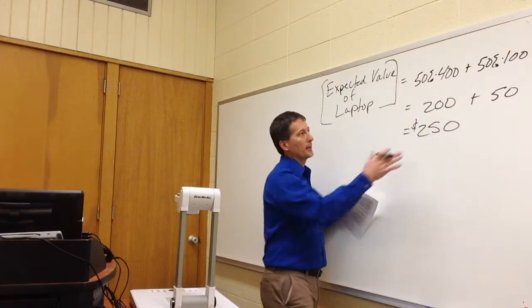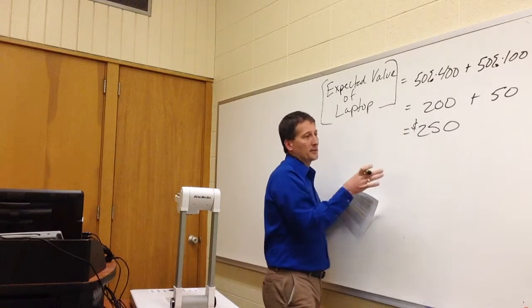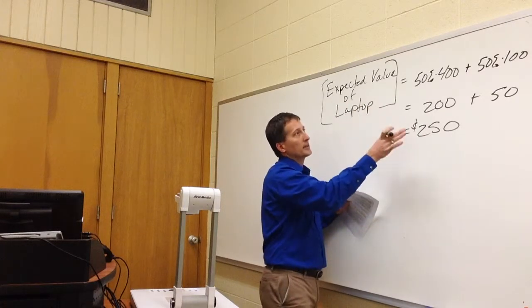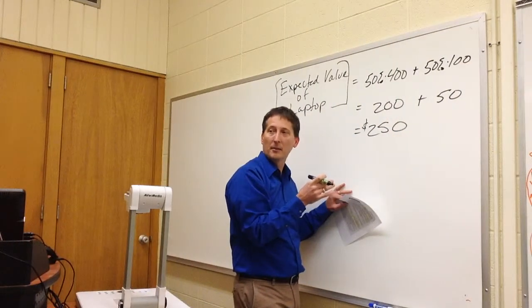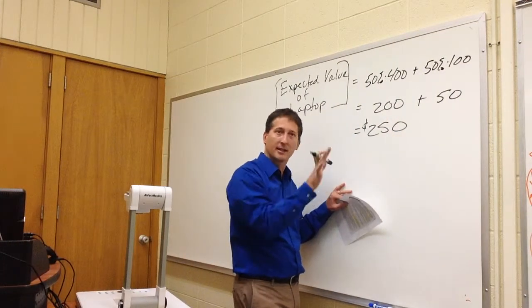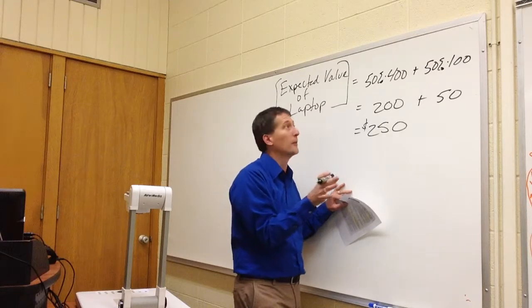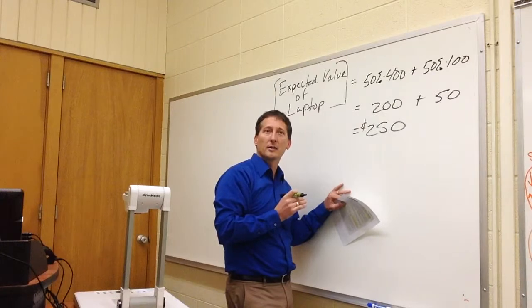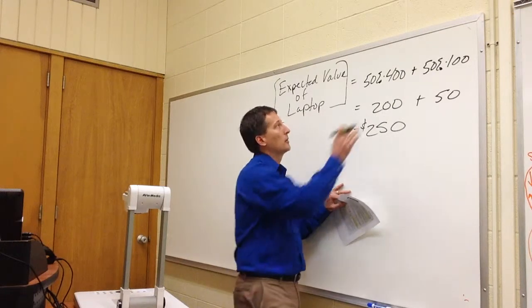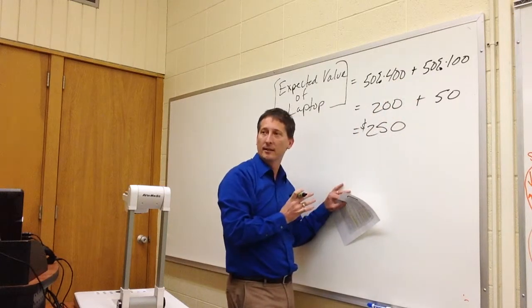Now, some of you might be thinking, well, I don't want to run the risk of getting a $100 laptop and getting screwed. I'm going to try to avoid that risk. That gets into different issues that we'll be talking about. But what would be your appropriate thing to do then if that was the case? How would you change this weighting?